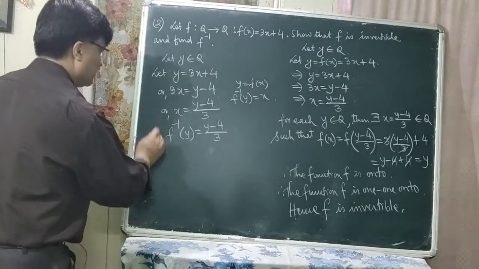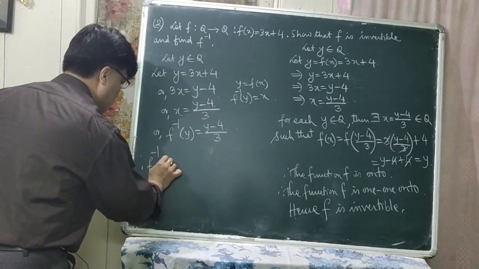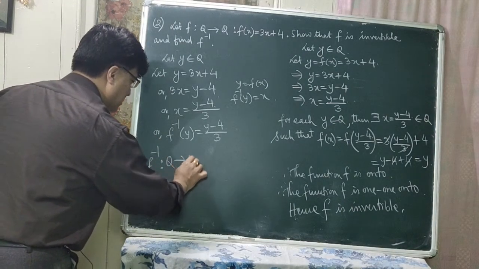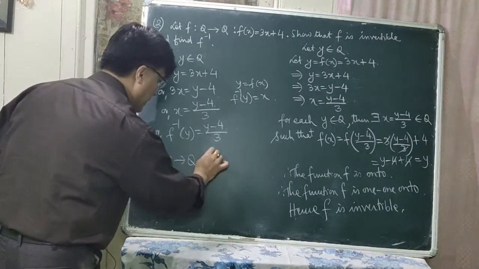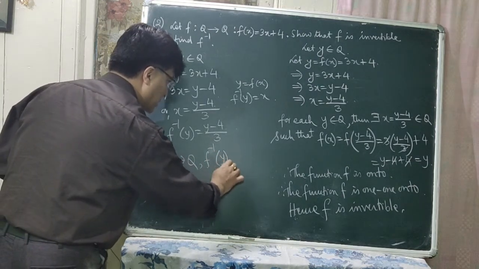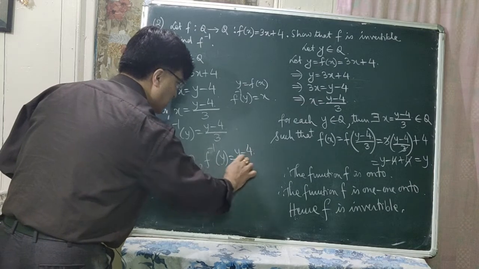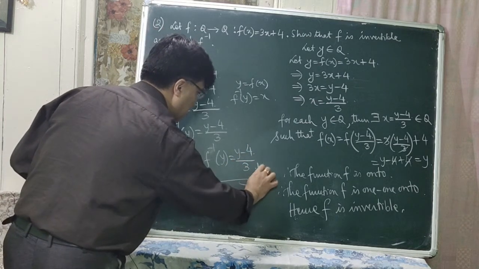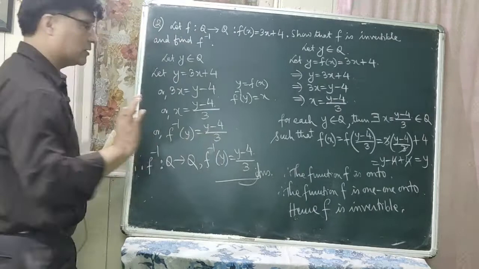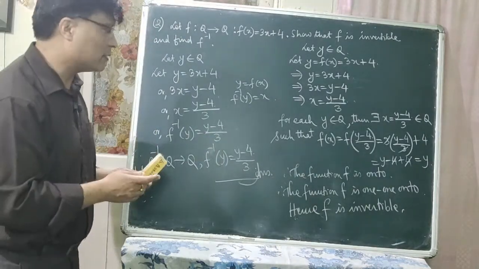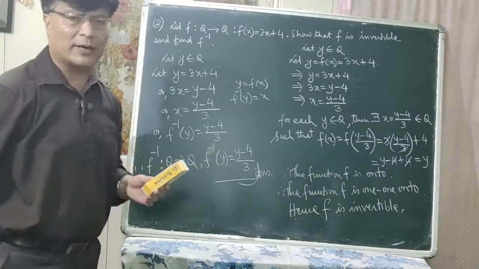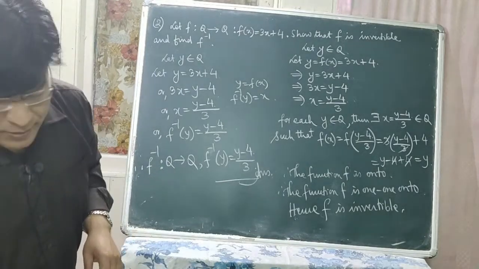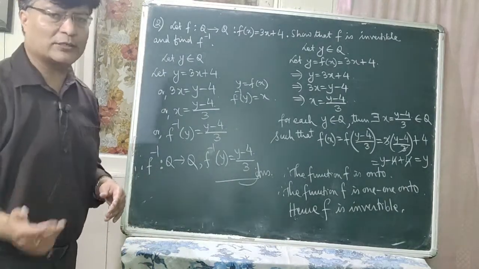So f inverse maps rational numbers to rational numbers, and f inverse of y is equal to (y minus 4) divided by 3. So this is the value for f inverse. So we have got it. This is same as problem number 1. Okay, so you can copy it. Now we'll do the next question.